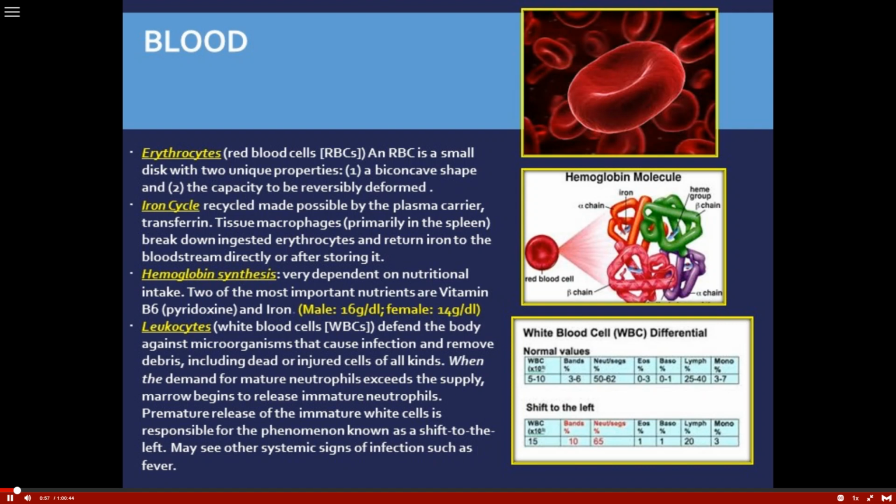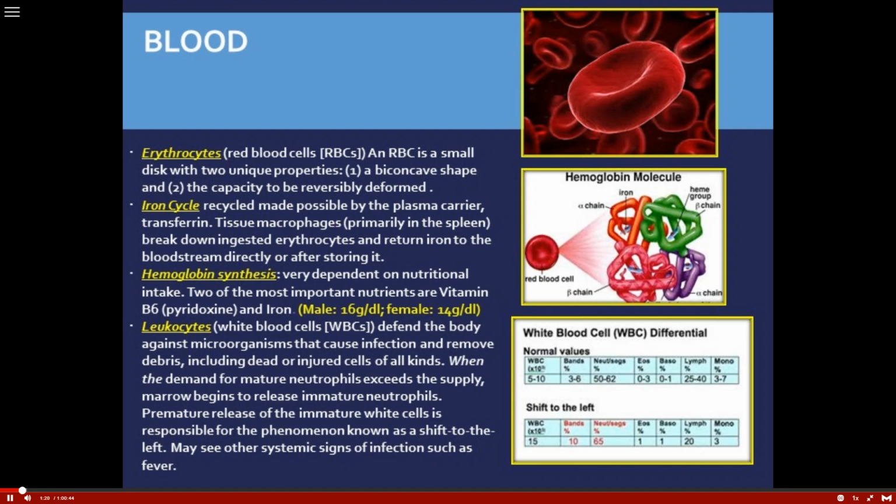So we know erythrocytes, we think about oxygenation, of course, because this is where hemoglobin is housed. So red blood cells are erythrocytes. They're really kind of structured to carry out their function. So in this case, they are a biconcave shape.